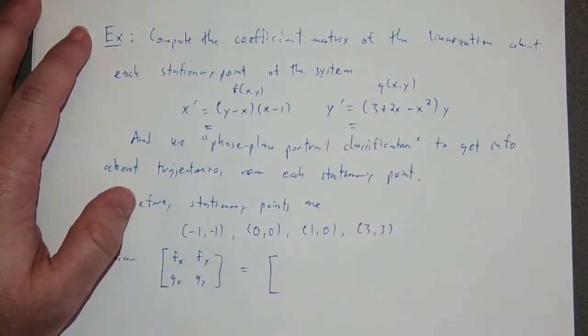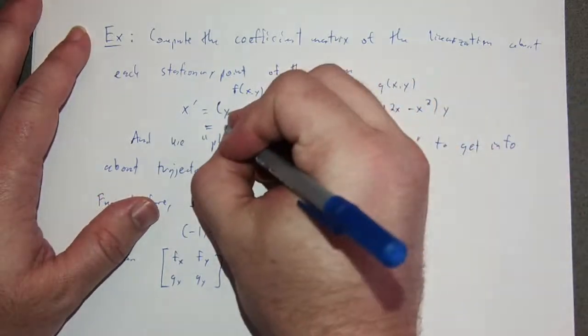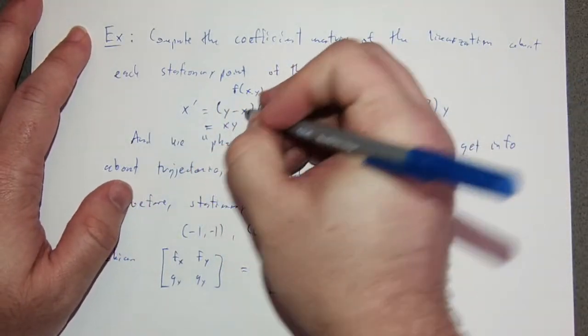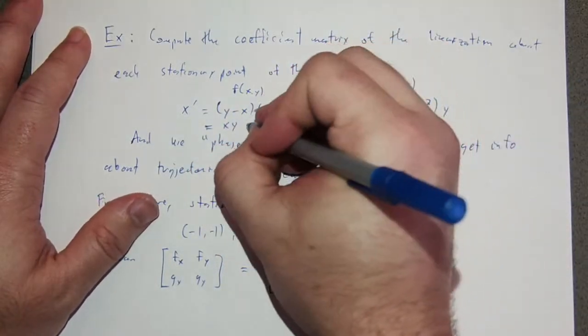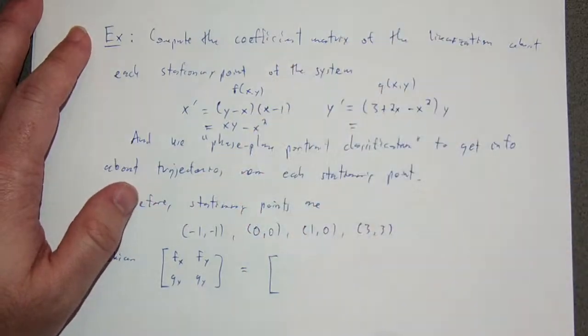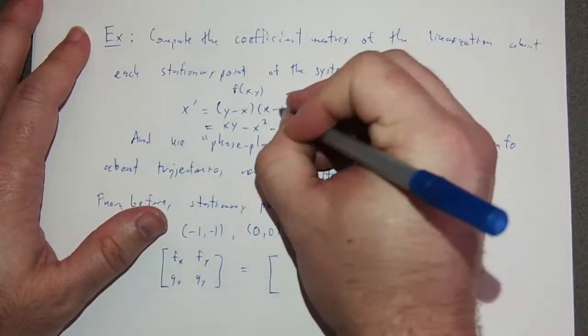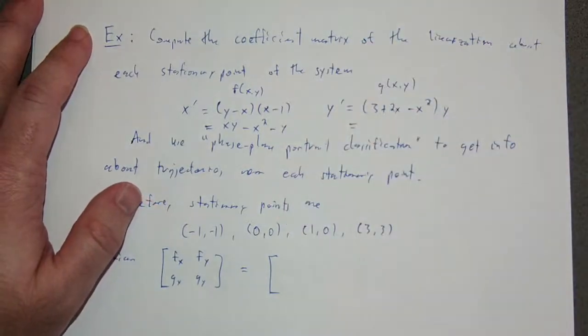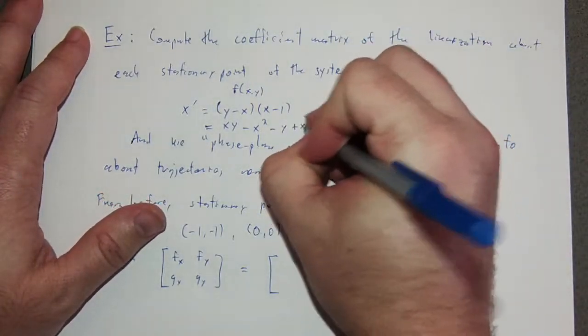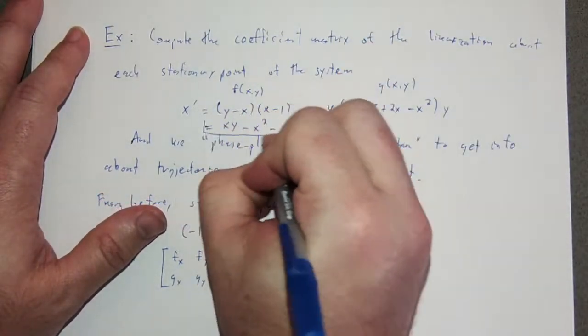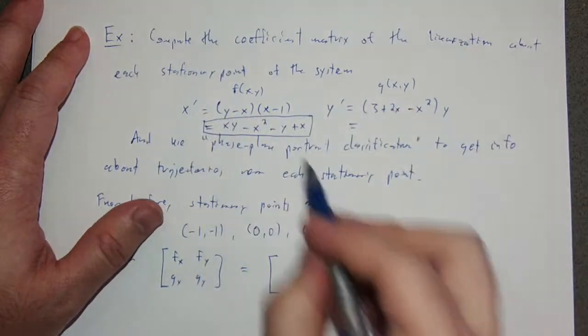So what is this? This is xy minus x squared plus y, plus x. So that's what I get for f, written like that.